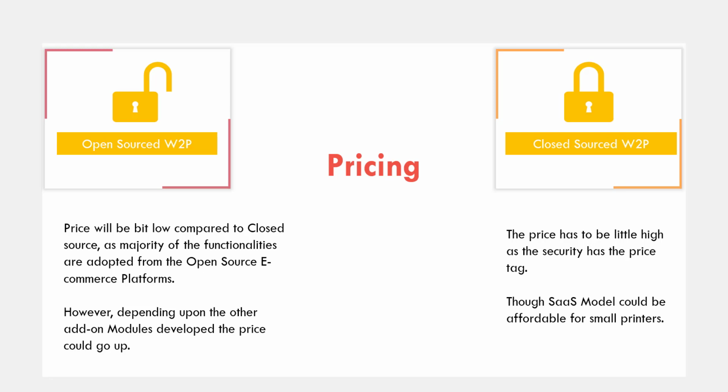This kind of requirement can be asked of the open source web-to-print solution providers, and they would develop it for you. In closed source, you have a SaaS model that could be affordable for small businesses. Otherwise, the pricing of closed source is going to be a little bit higher.